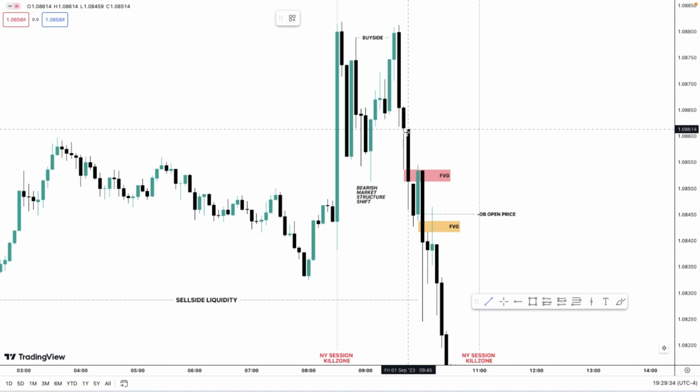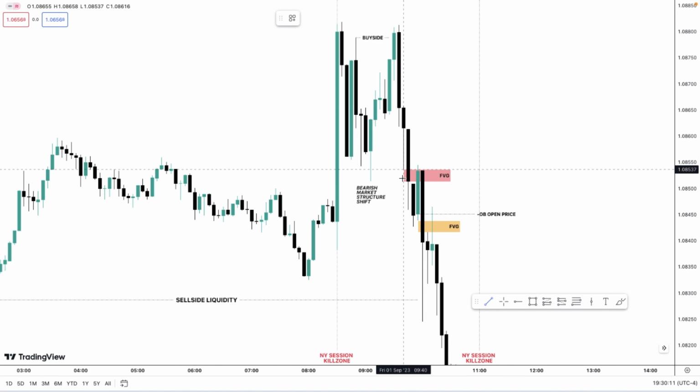So it opened here, took out the low, moved a bit lower, and then went back up to close. The very next candle opens lower and then it delivers lower prices as well. What did it leave? It left a fair value gap. So there's a gap between this candle's low and this candle's high.